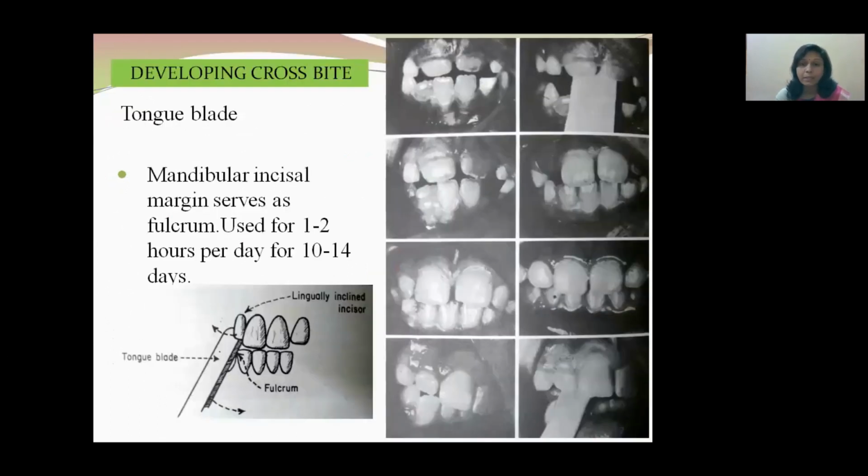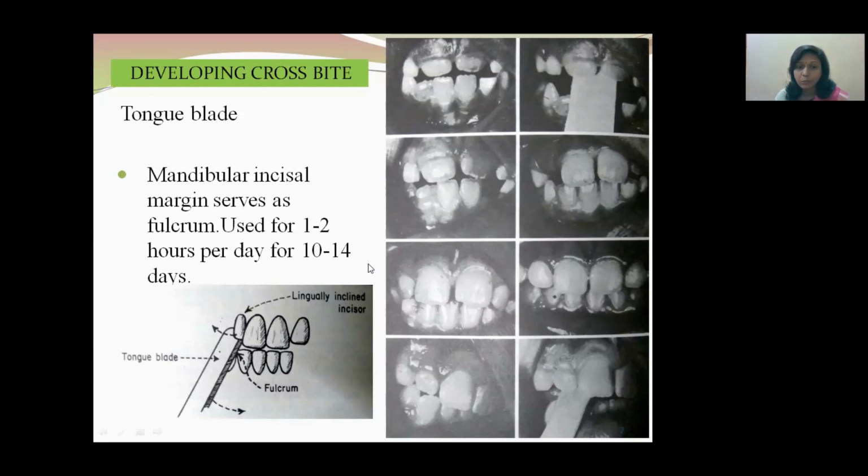A developing crossbite can be corrected with the help of tongue blade therapy. In this, the tongue blade is used over the mandibular incisor margin, which serves as a fulcrum, and the force is exerted on the developing permanent maxillary incisors. Here we can see the erupting permanent incisor is somewhat lingual to the labial mandibular incisor, whereas it has to be in a labial position to the mandibular incisors.